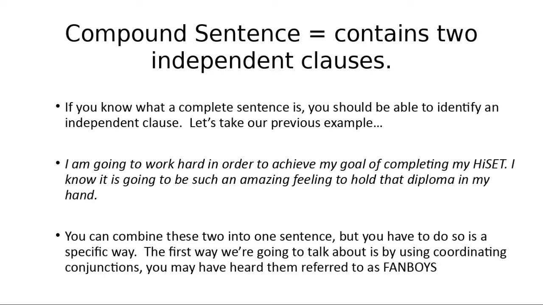And there's a few special things that you have to do in order to make it grammatically correct to combine them. So you can combine these two sentences into one sentence, but you have to do so in specific ways. And keep in mind that that spot where you're combining them, where you're joining them, the rules I'm going to show you are going to be centered around that specific spot.